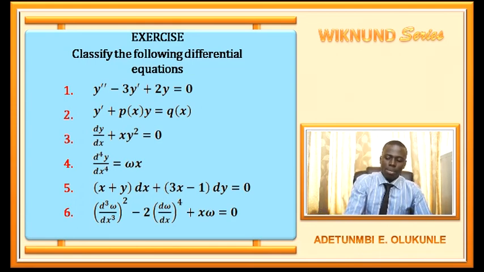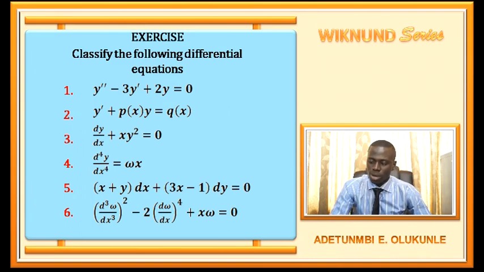1. Y prime prime minus 3y prime plus 2y equals 0. 2. Y prime plus p of x times y equals q of x. 3. dy/dx plus x y squared equals 0. 4. d4y/dx4 equals omega x. 5. x plus y dx plus 3x minus 1 dy equals 0.